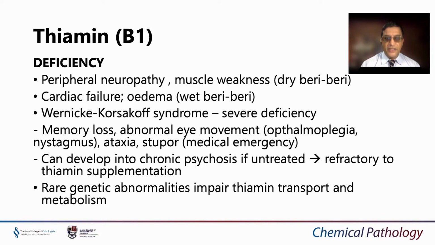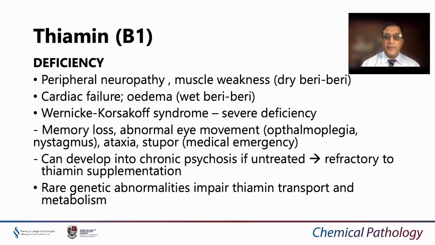Another clinical manifestation of B1 deficiency is Wernicke-Korsakoff syndrome. This results from severe deficiency of thiamine. Memory loss, abnormal eye movement, ataxia and stupor are presenting features, and these represent a medical emergency.